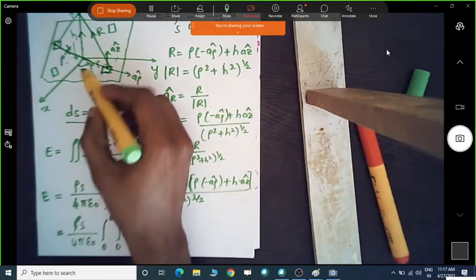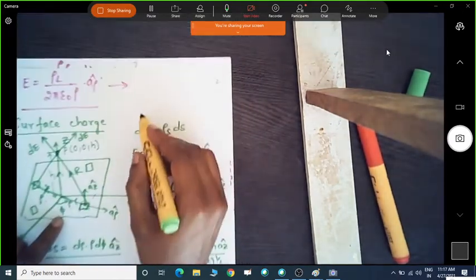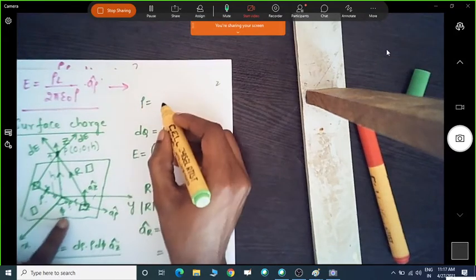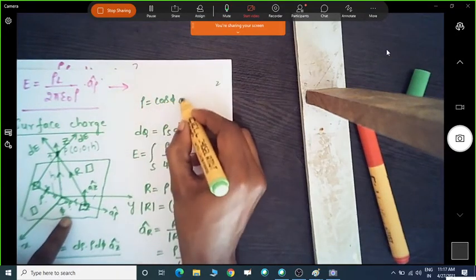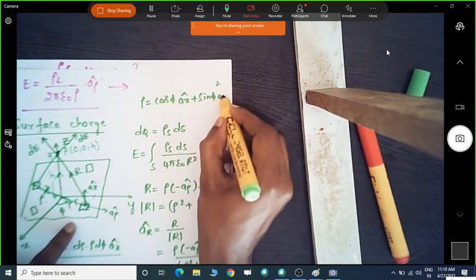You can also take rho as a component of x and y, so we can write rho as cos phi ax plus sin phi ay.